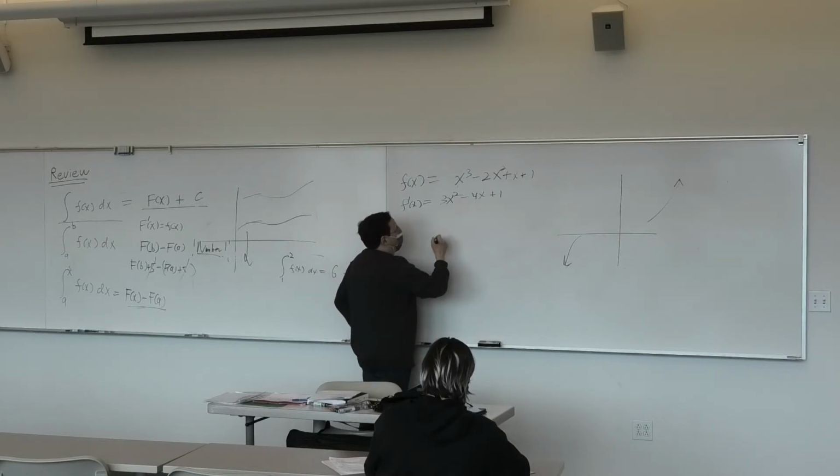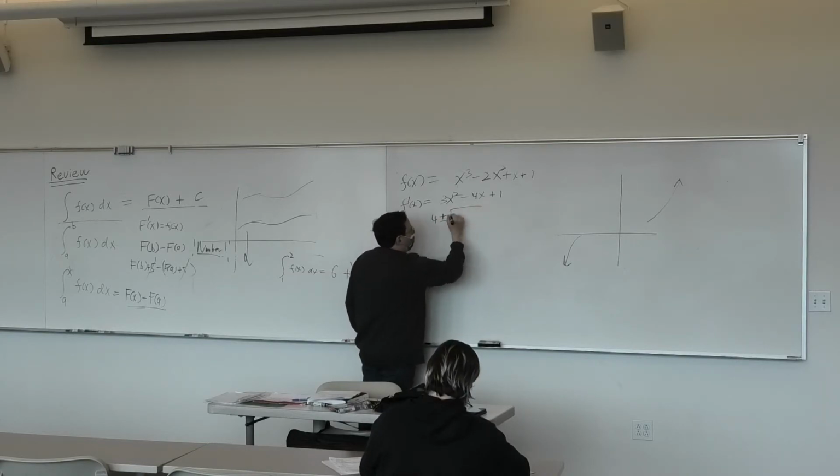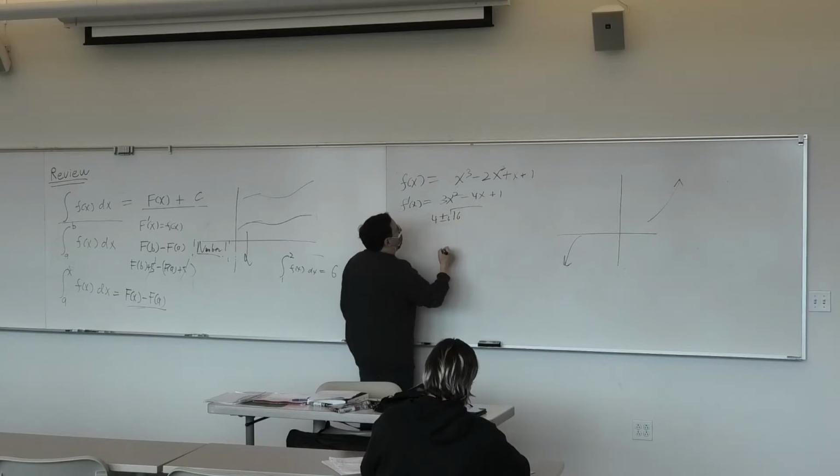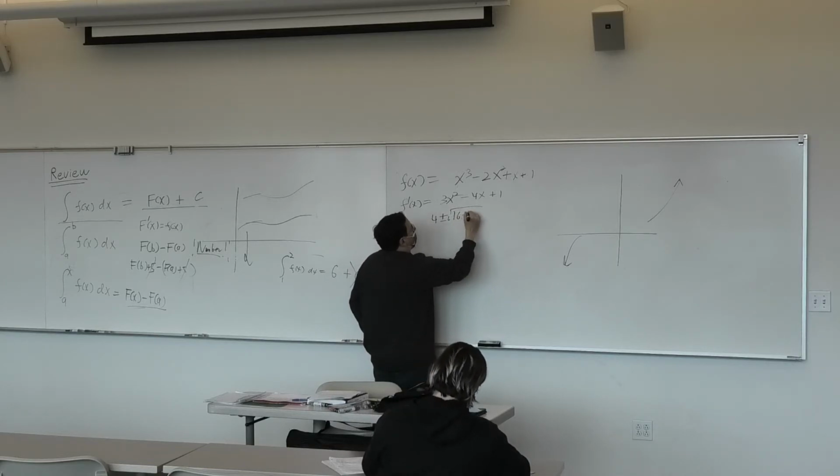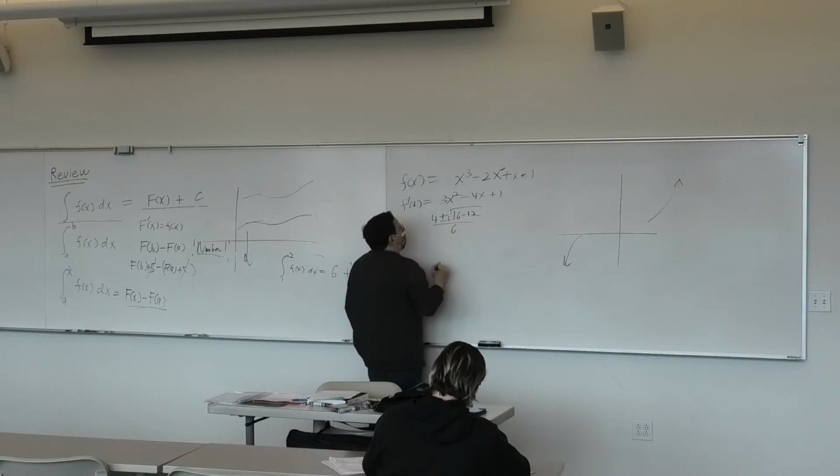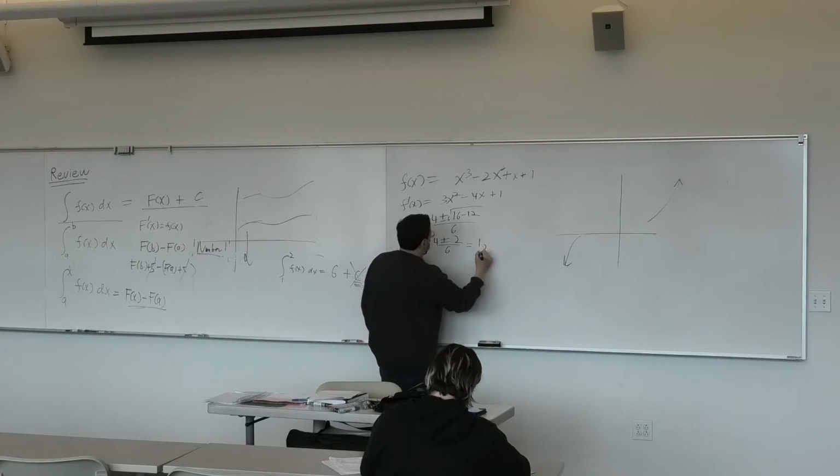So I could put this into the quadratic formula. This is probably not going to come out very well because I didn't really think about it. Gosh, it's going to. 4 plus or minus square root of 4, 6 is 1 and 2/3.